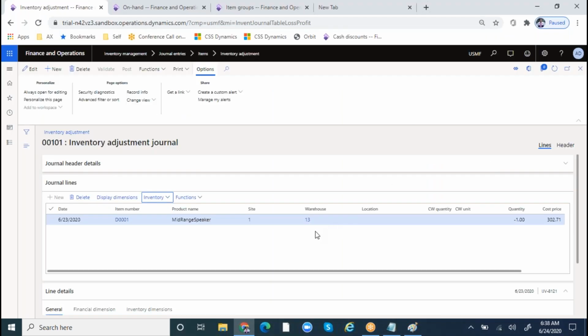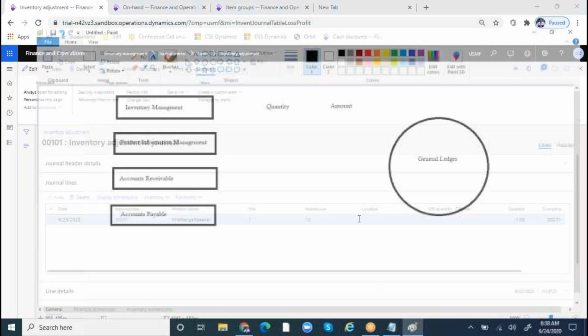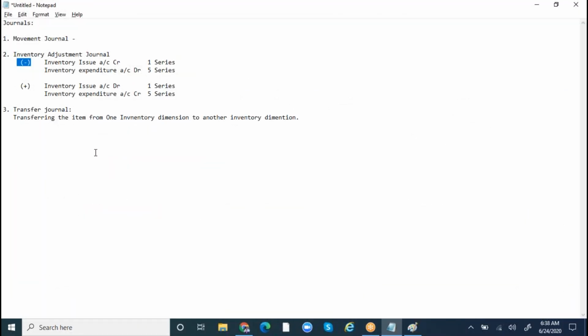Which accounts will be affected means ledger accounts, only ledger accounts. Ledger accounts will be posted, whatever it is referring, quantity multiplied with price.